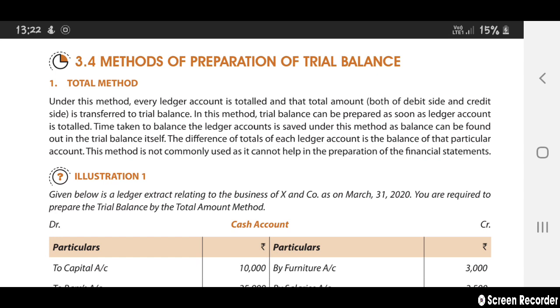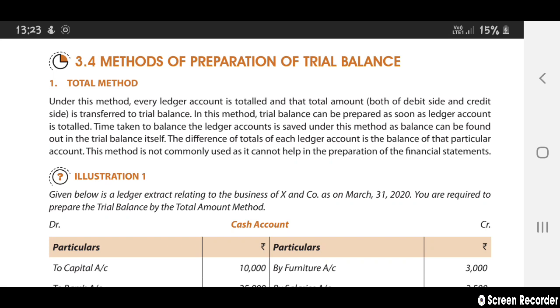This method is not commonly used, as it cannot help you prepare the final statements of accounts, so therefore it is not used.